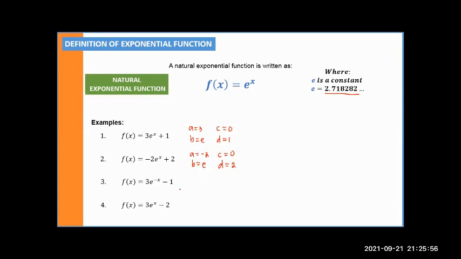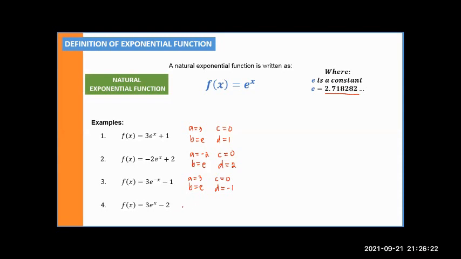Next, we have f of x is equals to 3 times e raised to negative x minus 1. So we have a, which is 3. We have the base, which is e. We have the c, which is 0. And then we have d, which is negative 1.